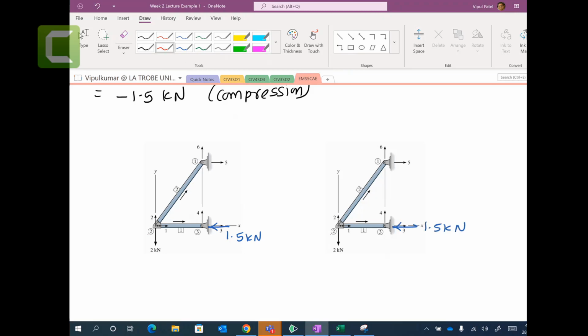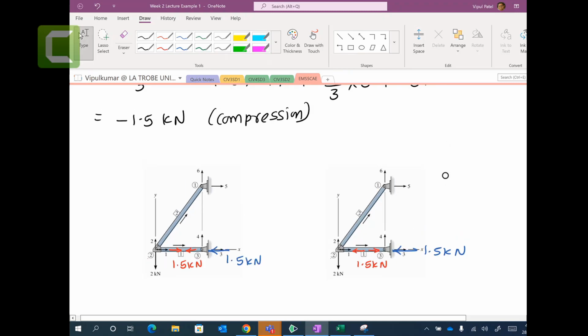Now my question to you, the red one. Should I put this internal force, which is in compression, going in these directions? Or should I put it going in this direction, 1.5 kilonewtons? Which one is the correct way to represent element number 1, which is in compression, and it is internal resistance? Is it the left side or right side? Or let's put 1 or 2. Which one is the correct way to represent the internal force, which is 1.5 kilonewtons? And if you choose 1, why, and if you choose 2, why.